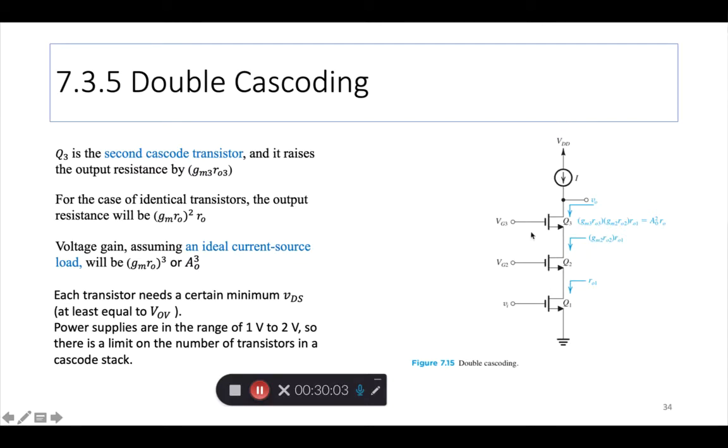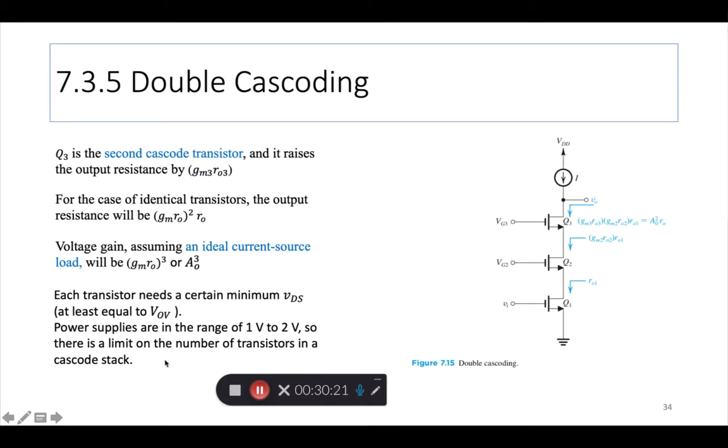Otherwise, all of them will fall into the triode region. They won't be in saturation anymore. They won't be in active operation anymore because there's just not enough voltage across the VDS to keep them amplifying. So that's a disadvantage.